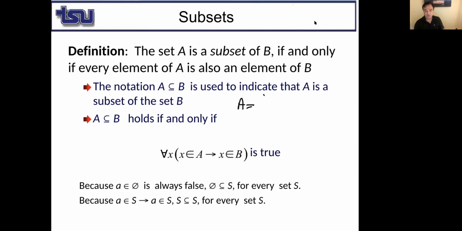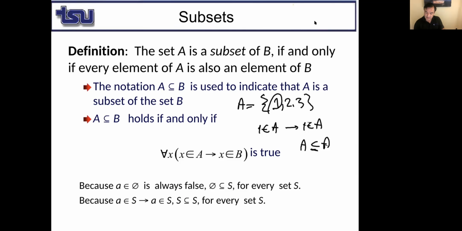For example, think about this. A is equal to {1, 2, 3}, right? So if we randomly pick an element like 1 that is in A, it is also in A. In other words, A is a subset of what?